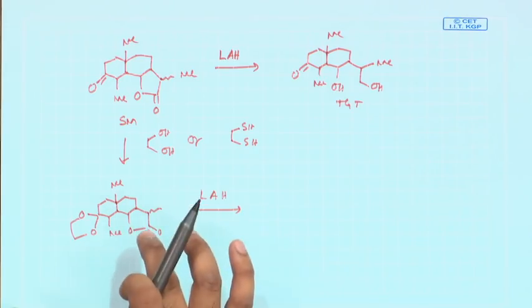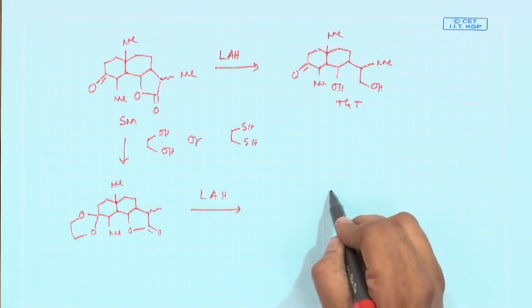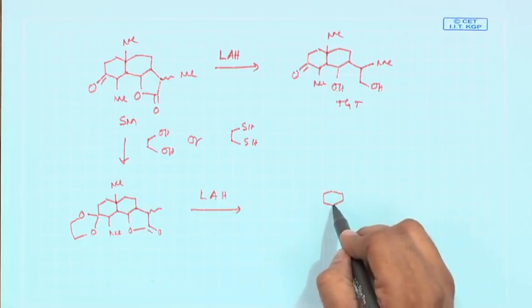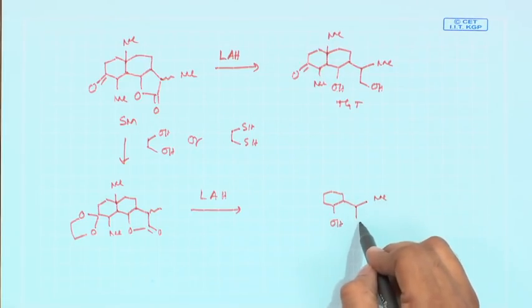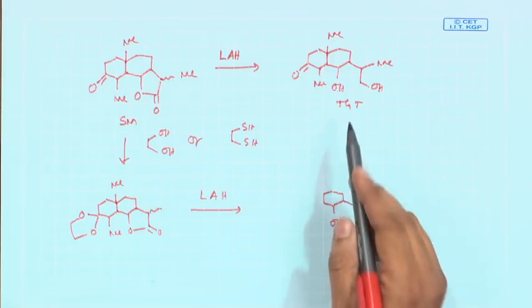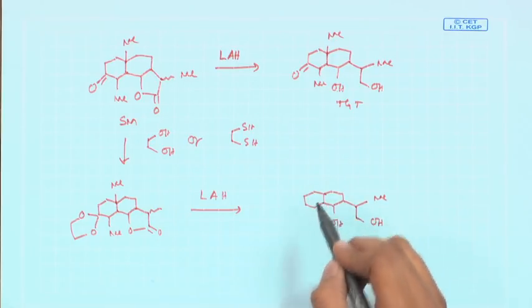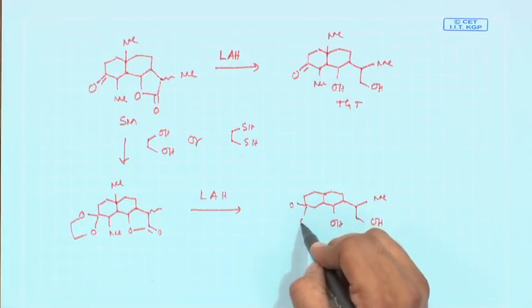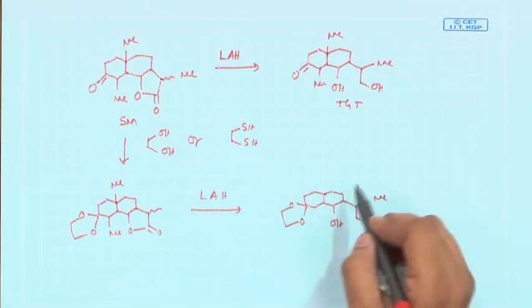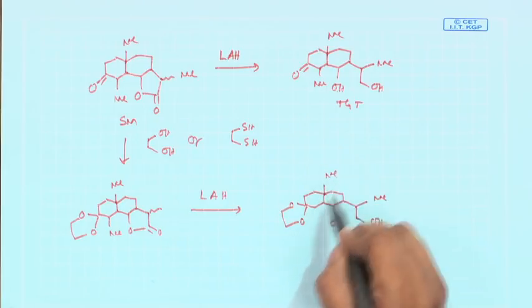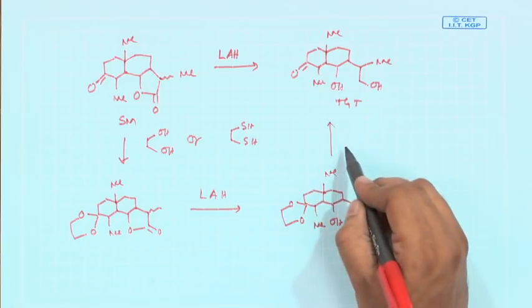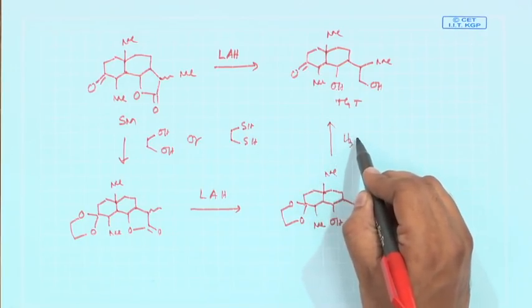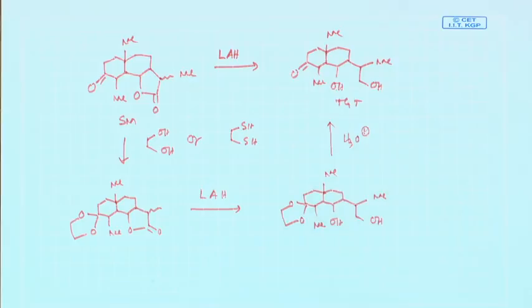You see this lactone will be reduced, as LAH is a very strong reducing agent, and then you will get this diol, which was the core functionality present in the target molecule. The protecting group remains the same.